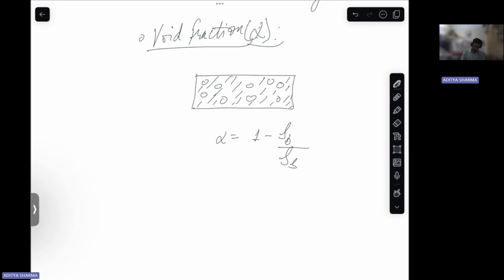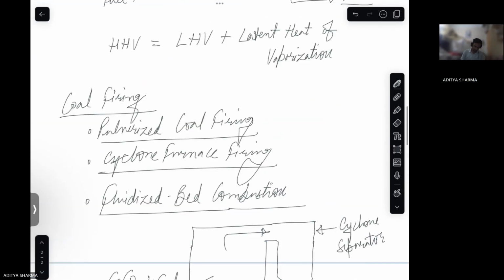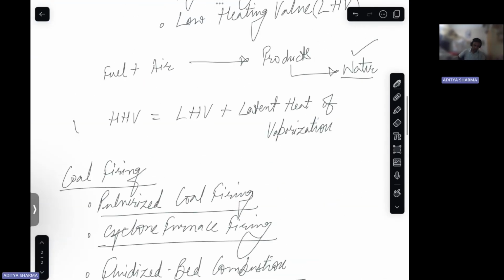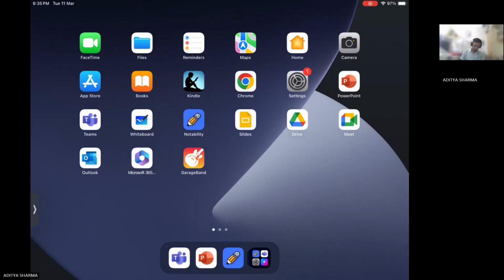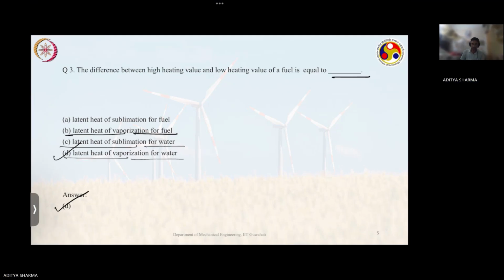If you see here, high heating value is low heating value plus latent heat of vaporization. So your low heating value is high heating value minus latent heat of vaporization. Or the difference between high heating value and low heating value is your latent heat of vaporization.